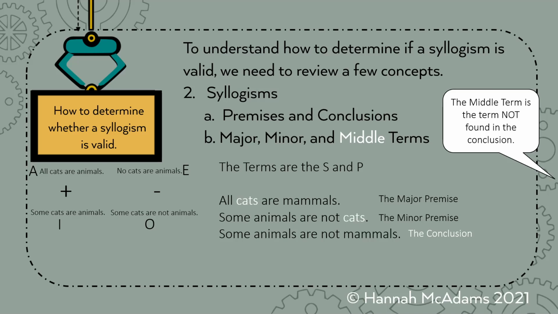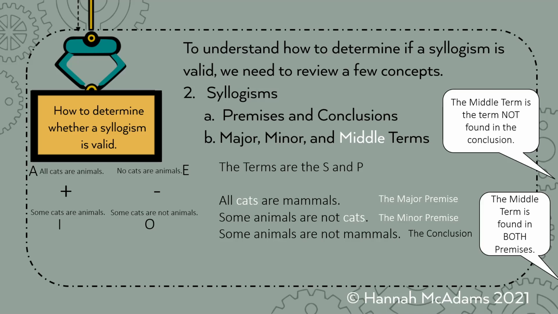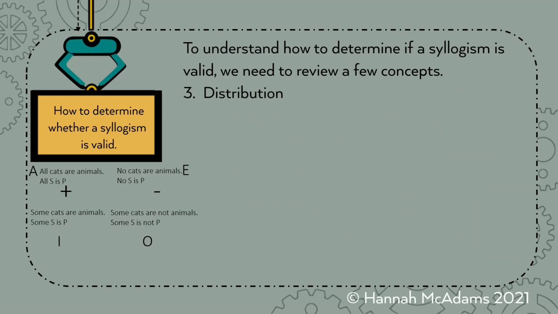Now I want to show you this. The major premise and the minor premise both have the middle term. That's important, and for some reason it took me a long time to learn that. Both the major premise and the minor premise contain the middle term, and it is not in the conclusion.